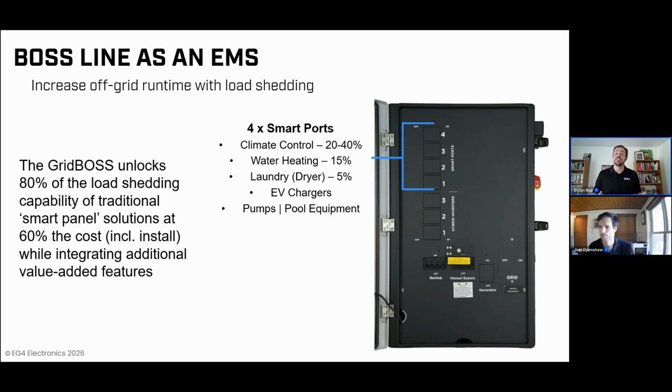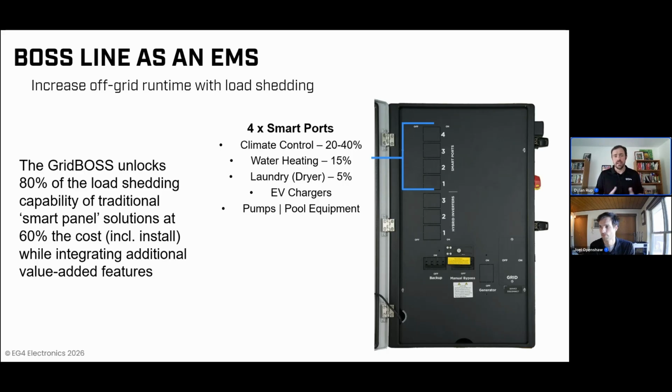So it becomes beneficial to have the ability to turn that off. You might be a little warm in the home when that happens, but you turn that load off until solar becomes available to recharge those batteries, at which point the system can be programmed to automatically and intelligently turn that back on based on battery state of charge and power availability.